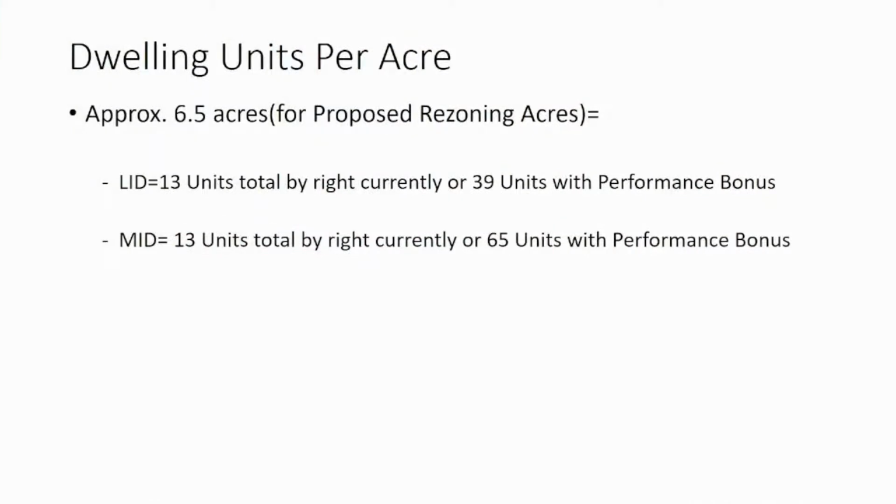If you were to max out on performance points, you're looking at approximately 39 units allowed right now by right on just those two parcels, and around 65 if you were to do performance points with MID. So the difference is between those 39 and 65 if you were doing multifamily.